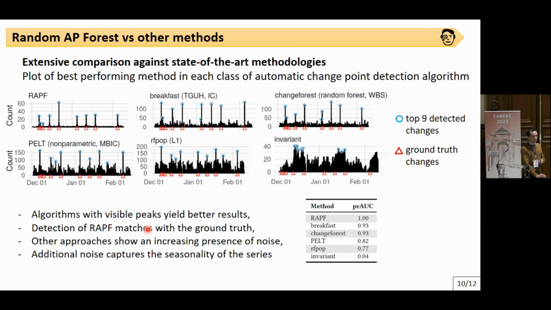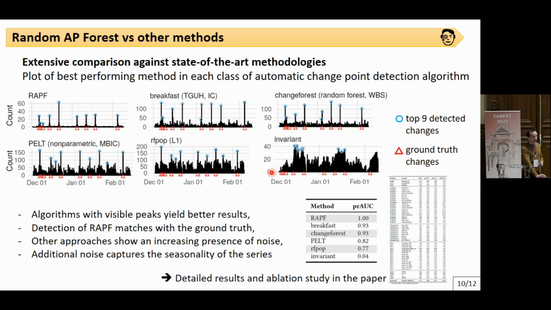The detection of RAP, as we see, matches the ground truth, while other approaches show an increasing presence of noise. Interestingly, this additional noise captures the seasonality of the series. It may be the weekends, it may also be the holidays that are considered here as false positive change points. Detailed results and also an ablation study among the few hyperparameters are available in the paper.